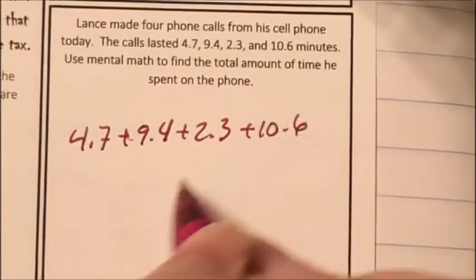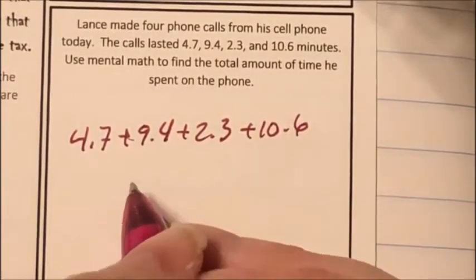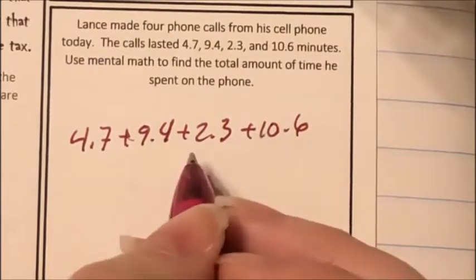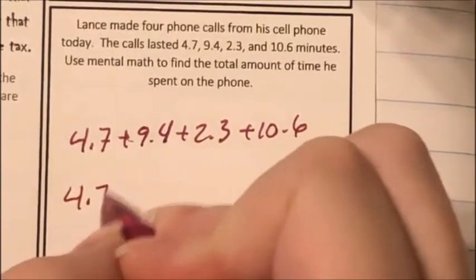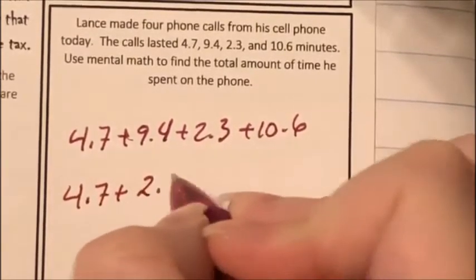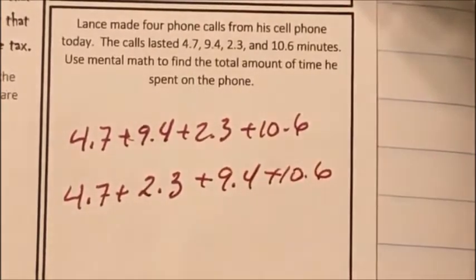Okay, it says use mental math, so I'm going to look and see if I can find anything that gives me close to 10. 4 and 6 would give me 10, and 3 and 7 would give me 10. So I'm going to rearrange these. 4.7 plus 2.3 plus 9.4 plus 10.6. Okay?